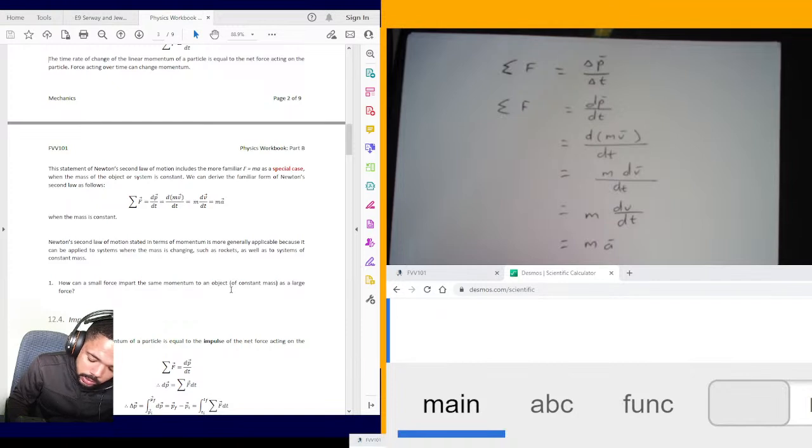to impulse. We have force is equal to the change in momentum over the change in time. This is question number 1, by the way. Now we want the same momentum but we have a smaller force, the same change in momentum basically.